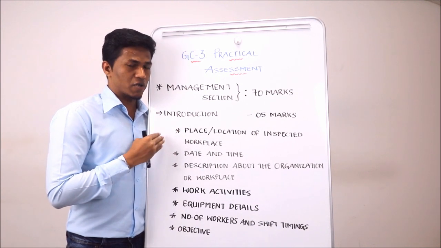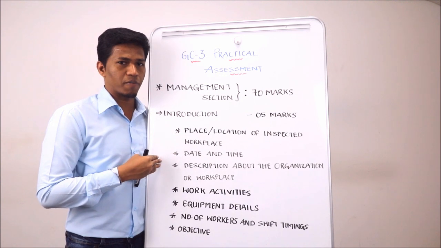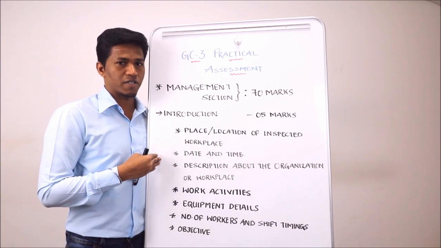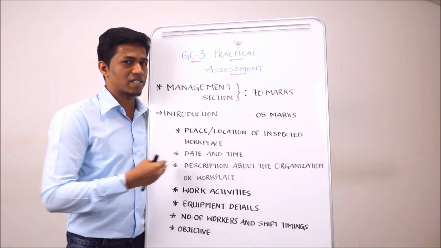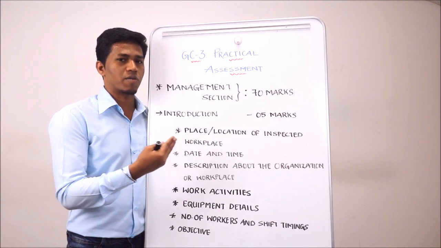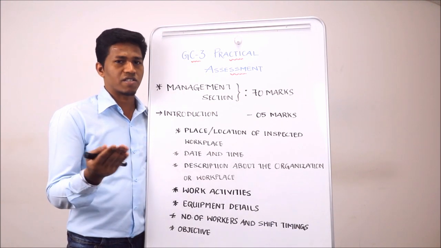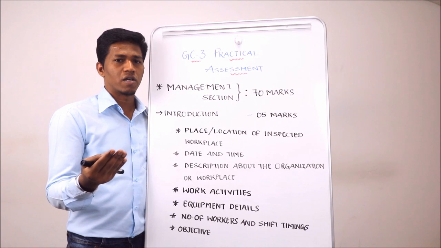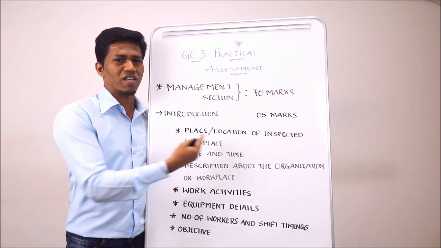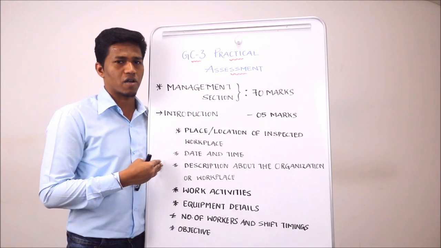Your introduction should contain the location of the workplace selected for inspection, and the date and time you started your inspection. Now, some description about the company or the workplace selected, such as the business, when it was founded, what they are into, what their upcoming projects are. So you can give a rough idea about that particular organization.